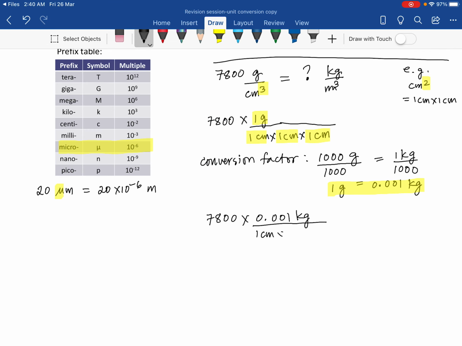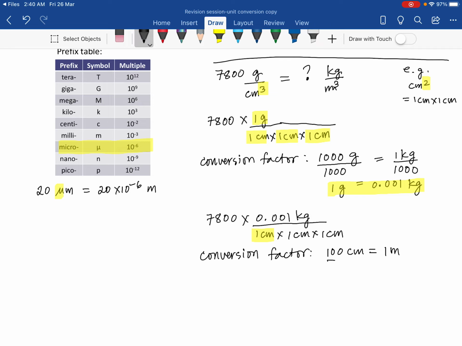1 centimeter times 1 centimeter times 1 centimeter. And our conversion factor is 100 centimeters is equal to 1 meter. So again, what we want is 1 centimeter, not 100 centimeters. So we need to do something in order to change 100 centimeters into 1 centimeter.